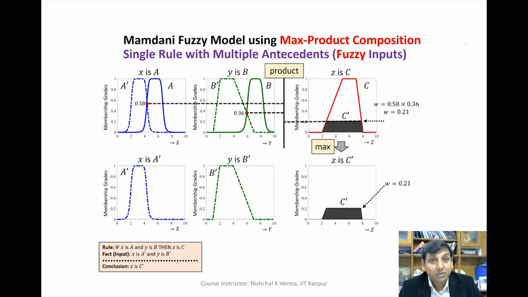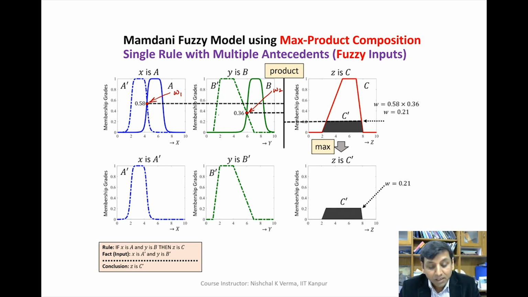With the same set of fuzzy inputs, everything remains the same. As we have already seen, the intersection points are designated W1 and W2, the weights, 0.58 and 0.36. Since we are using max product composition instead of max min, where we took the min of W1, W2, here we are taking the product of W1 and W2.